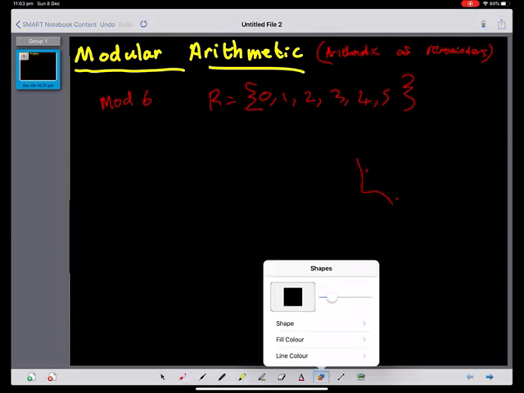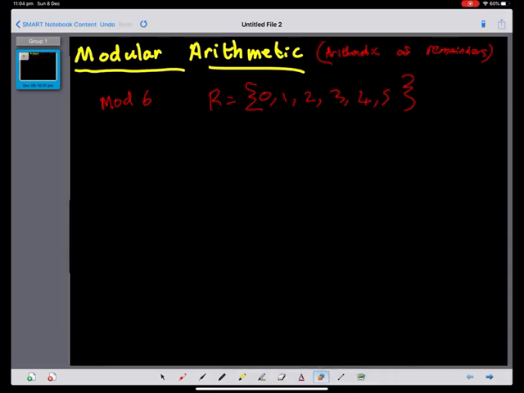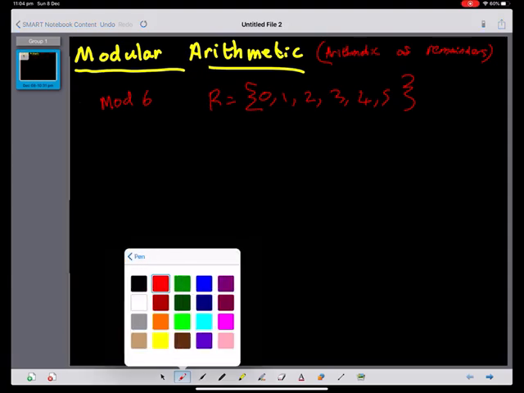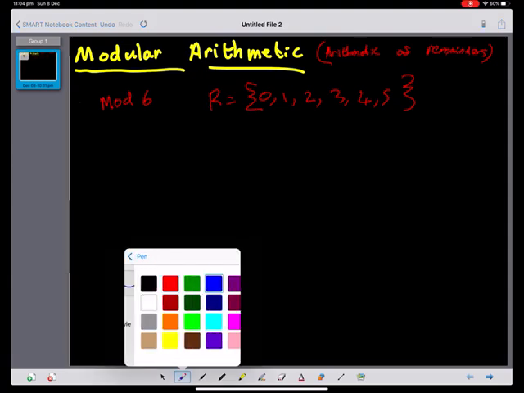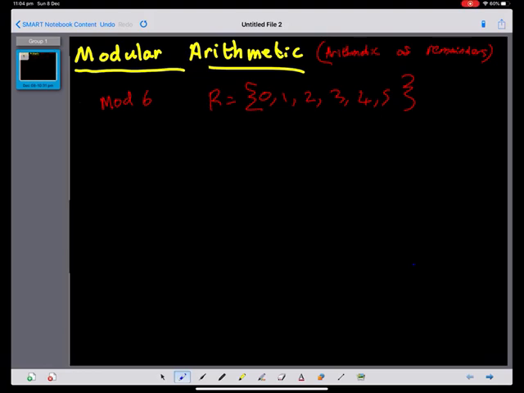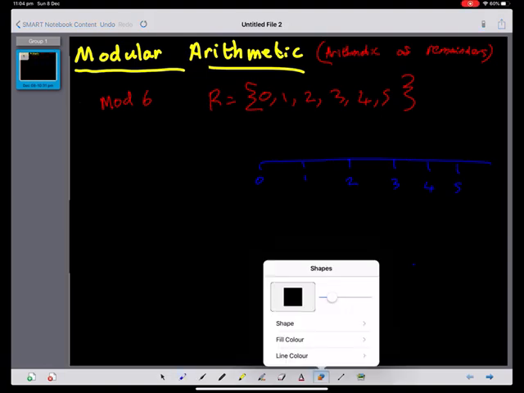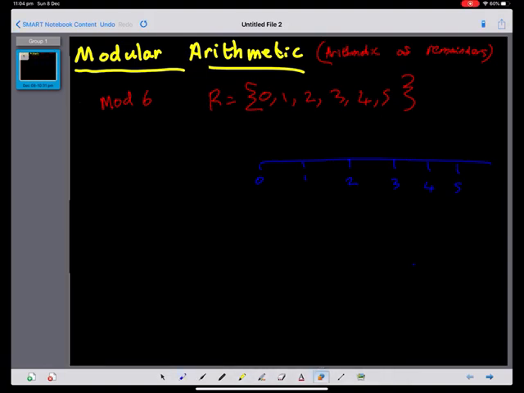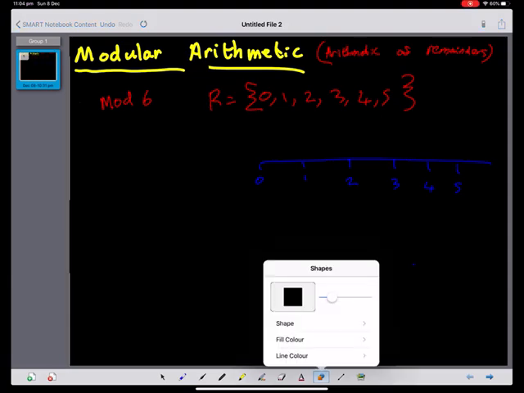And let's do some arithmetic using mod 6. Remember that mod 6 are wraparound numbers. And remember there's not 6, because 6 divided by 6 gives a 0 remainder.